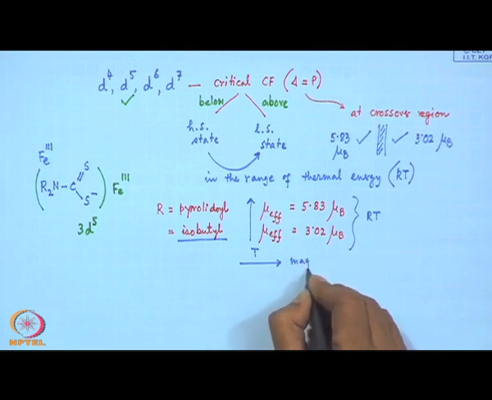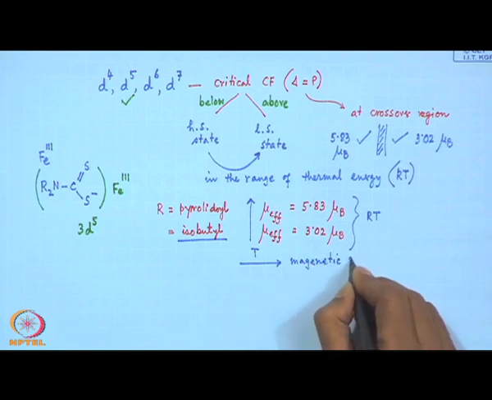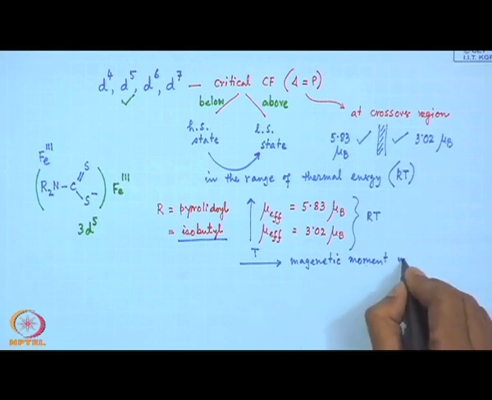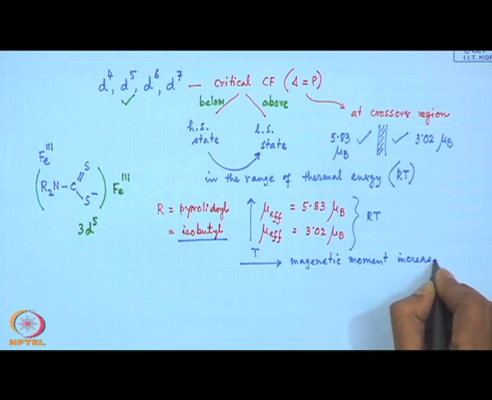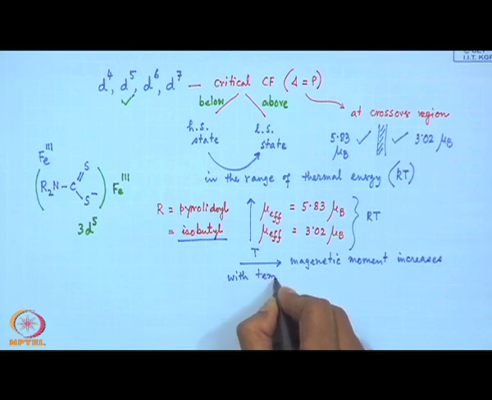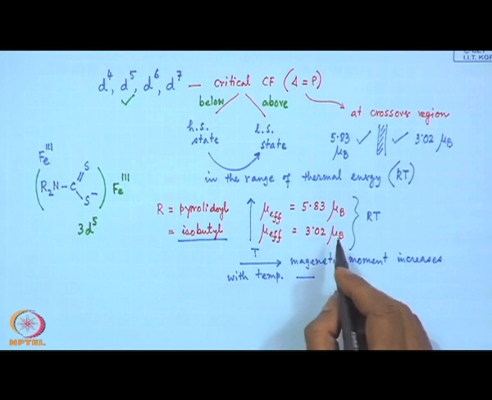So, the magnetic moment increases with temperature. That means here we are having the low spin state.